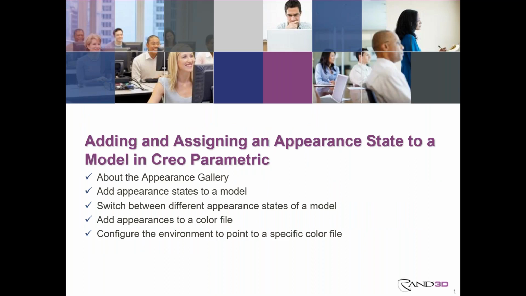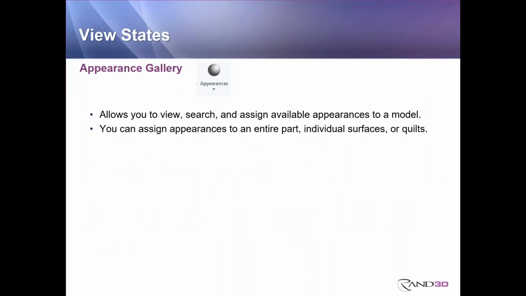So I'm going to continue here, and this is showing a summary of the objectives that I've just discussed. First and foremost, you can go to the View tab, both in the part environment and the assembly environment, and access the appearance gallery. I'm showing an image here of that tool.